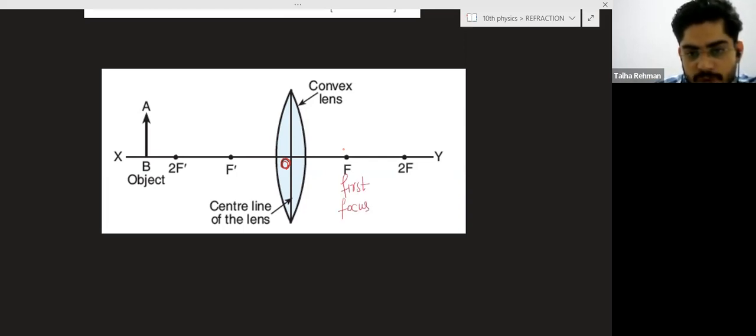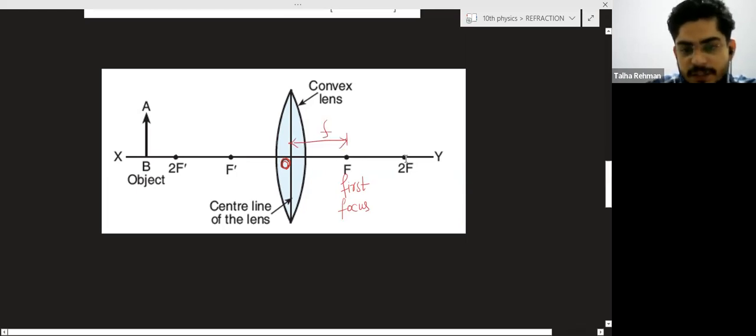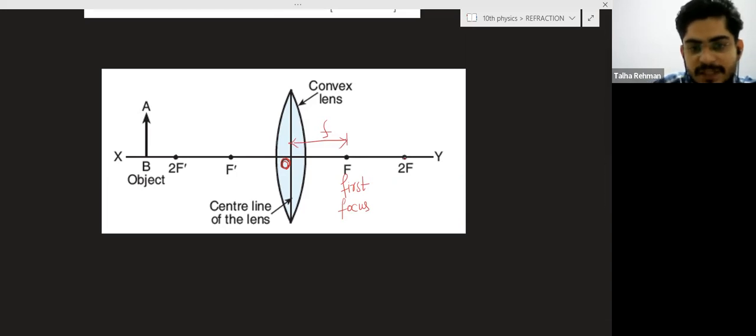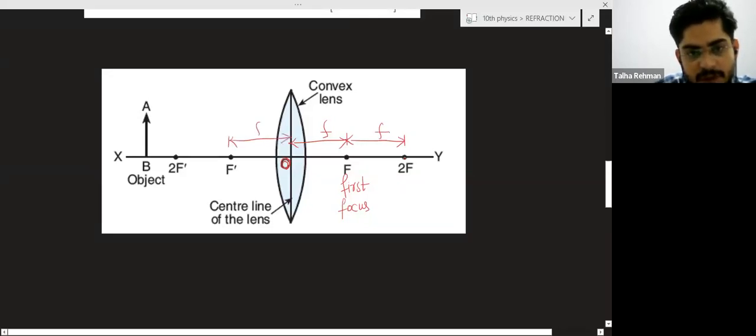I have told you the lenses have two focuses. If this is focus, this length is small f, and again this is 2f. 2f means the distance between this and this is again f. Same is the case here. This is the second focus.